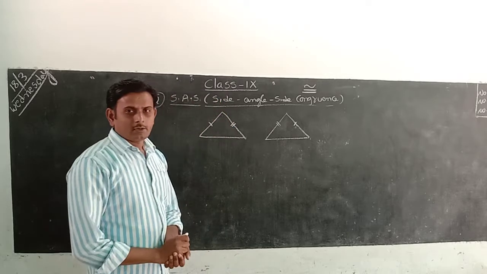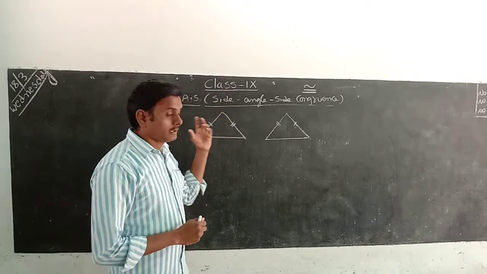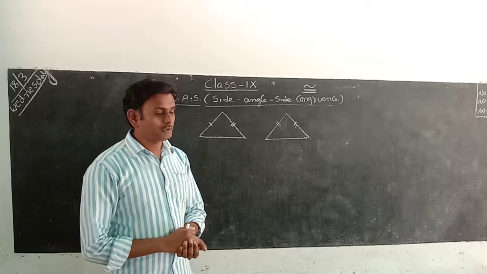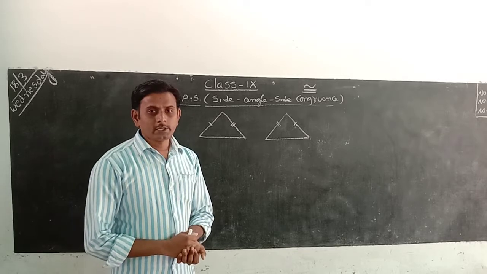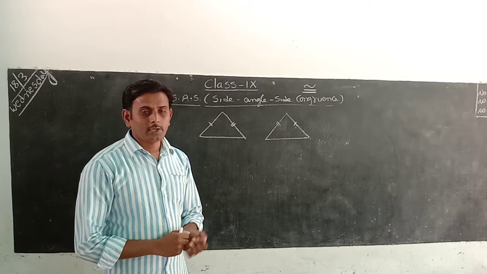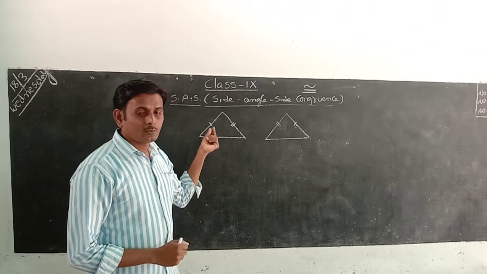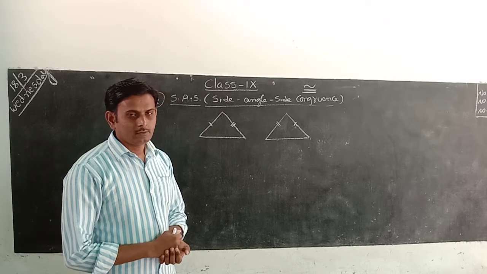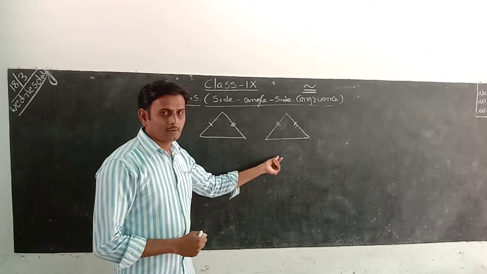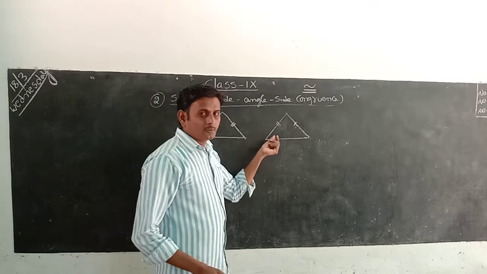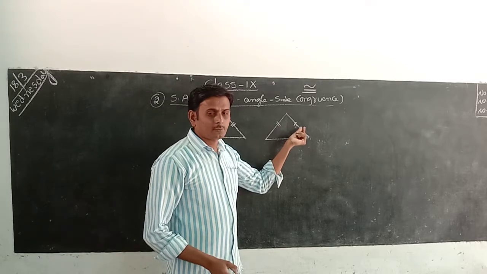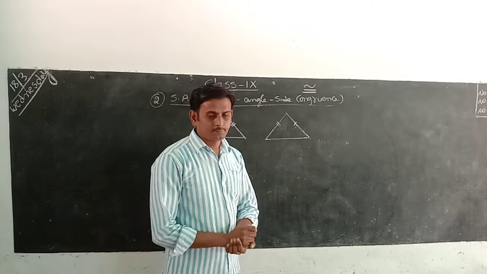What is the rule for SAS? Two sides and the included angle of one triangle are equal to two sides and the included angle of another triangle.